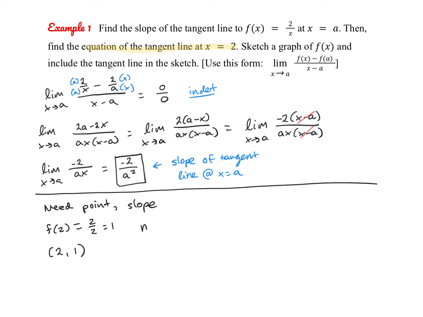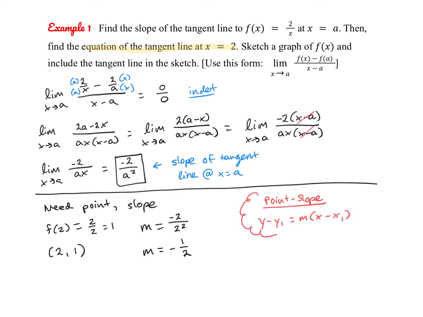And we can find the slope of our line using this, which is the slope of our tangent line at any value a. So we can just substitute a with 2. So the slope of our line will be -2 over 2 squared. So our slope is -1/2. And then from here, we can use the point slope form to make our linear equation, which is y minus y1 equals m times x minus x1.